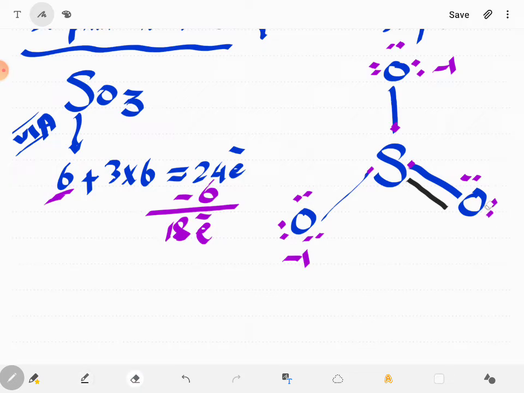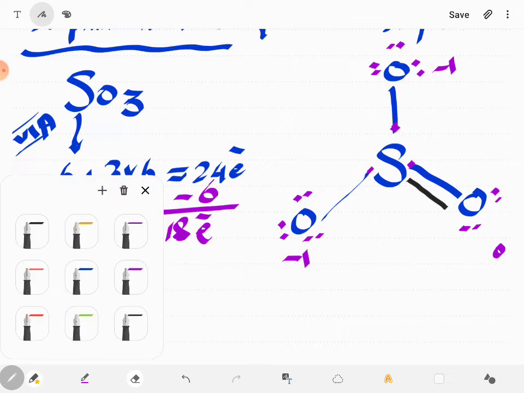But when I remove, I have to correct the position of this electron. I'll put it like this. That's correct. So this is 0 charge right now, and here became positive 2. What else? You need to reach neutral, fully neutral.